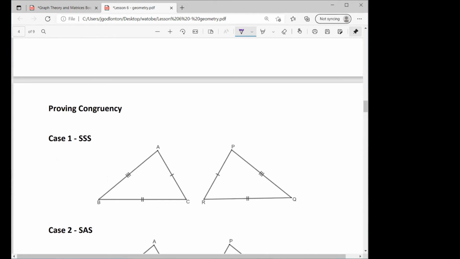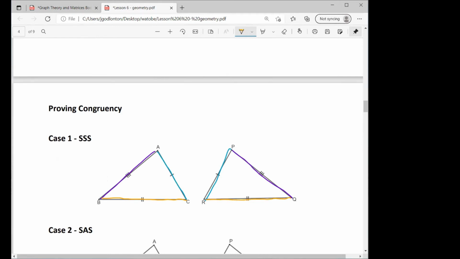In this case, we can see that AB is exactly the same as PQ. We can also see that AC is the same as PR, and we can see that BC is the same as QR.